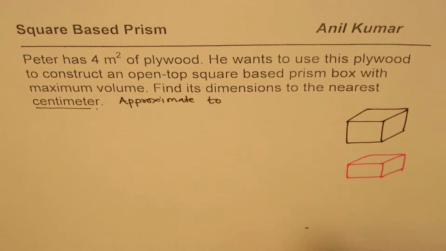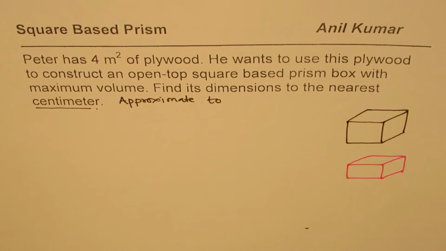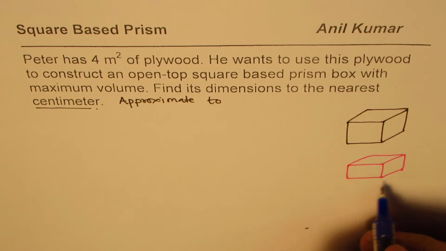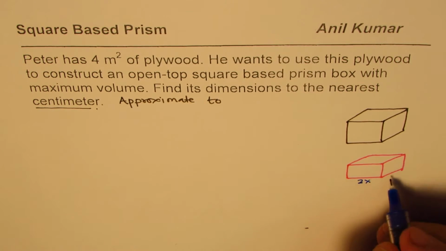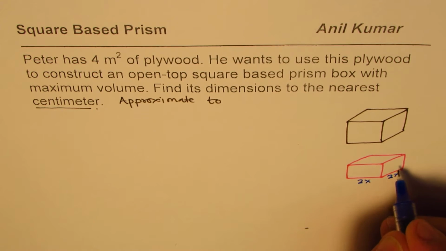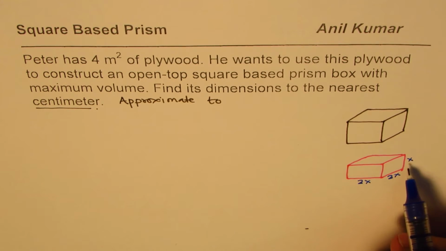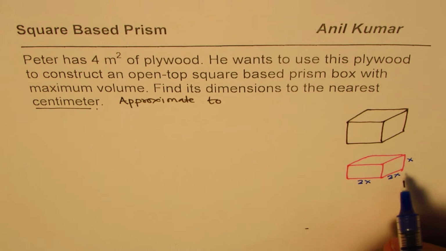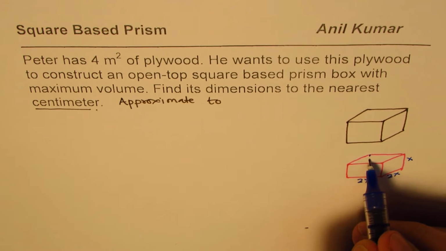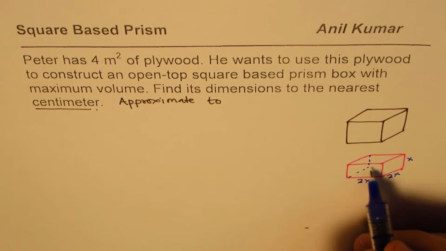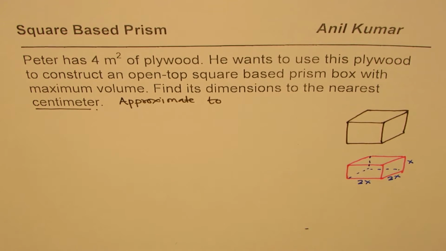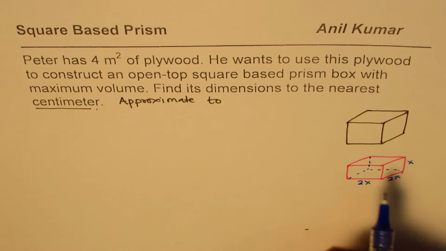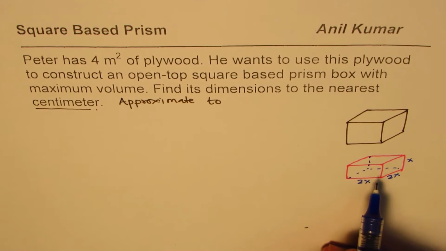We'll derive the formula in another video, but approximately the dimensions of this box will be, the square is 2x and the height is x. That is to say, height is half of the square base. So that's the kind of box which is going to give you maximum volume. So that is the box which we are going to consider.